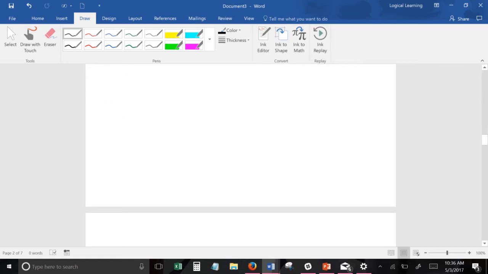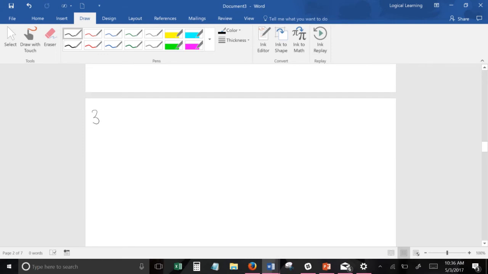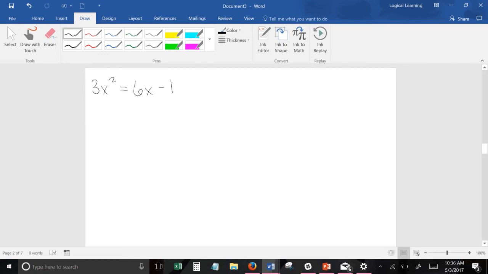Let's try one more. Suppose we have 3x squared is equal to 6x minus 1. Well, again, we want this to be in the form of ax squared plus bx plus c is equal to 0. So we're going to use algebra to move all of this to one side.